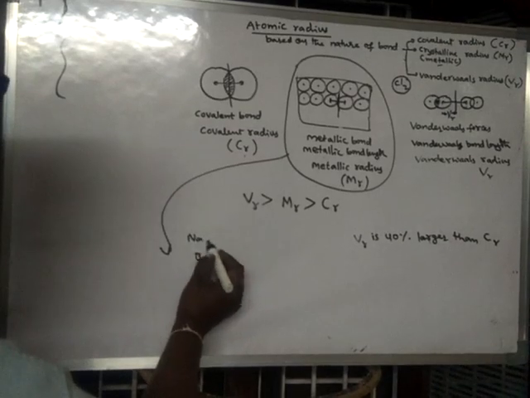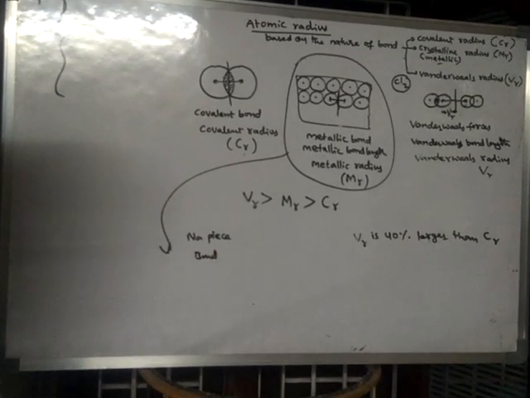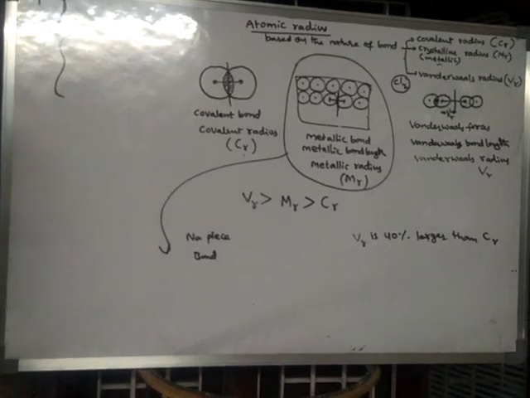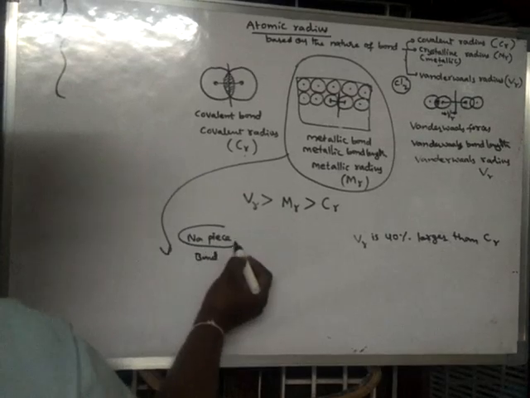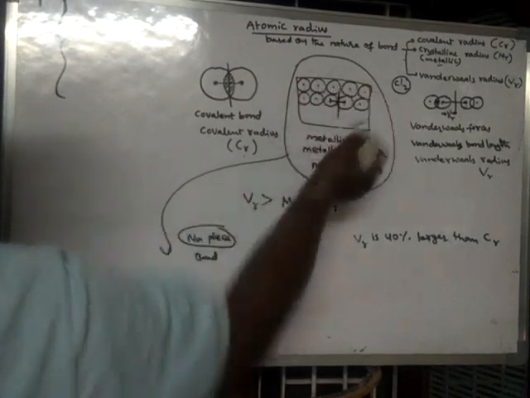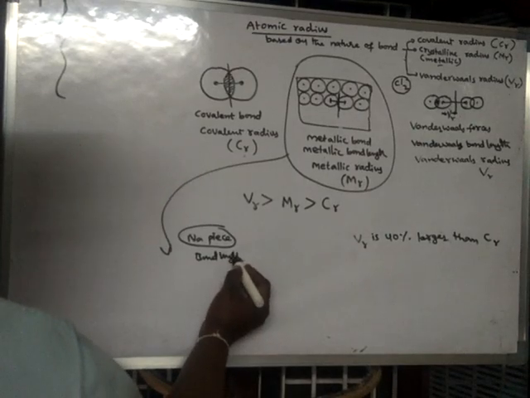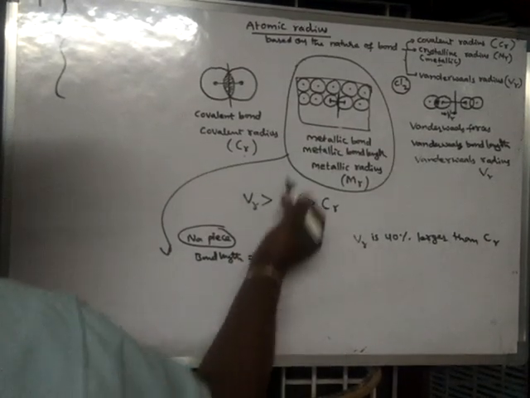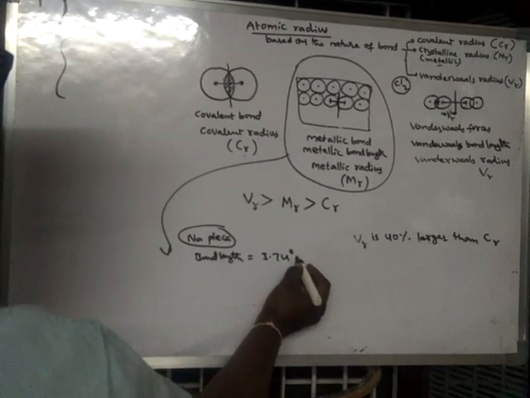If you take a piece of sodium, all these are sodium atoms, and the bond length in the metallic bond is 3.74 angstroms.